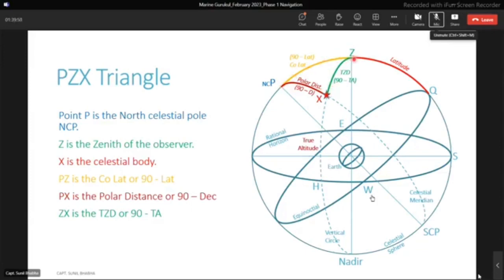P to Z is 90 minus latitude, or co-latitude. Z to X is the true zenith distance, or 90 minus true altitude. And P to X is the polar distance of the body, in this case 90 minus declination. So these are the three sides of the PZX triangle.